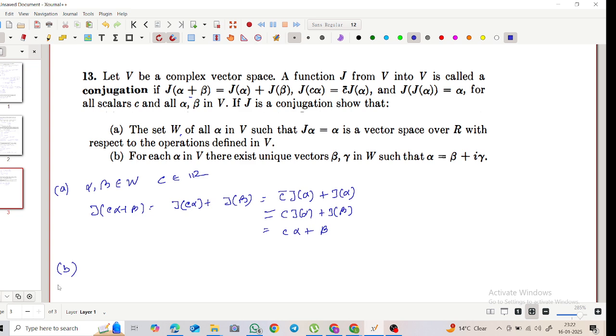Now, they are trying to show that for every alpha, there exist unique beta and gamma such that alpha equals beta plus I gamma. Okay. So you can check that this will work.